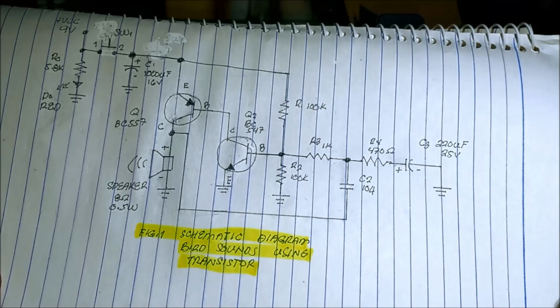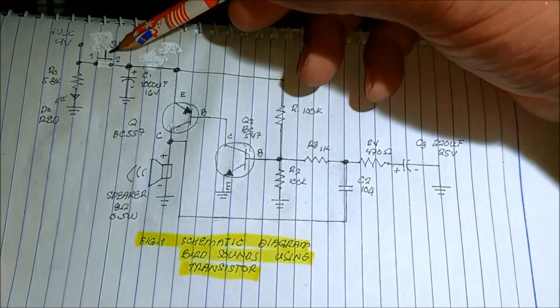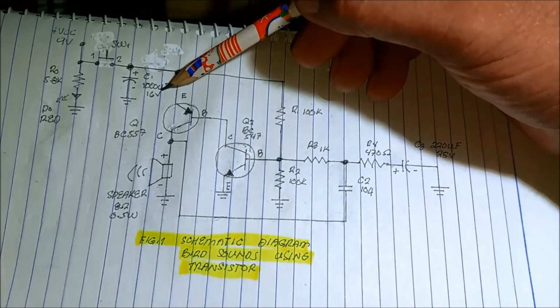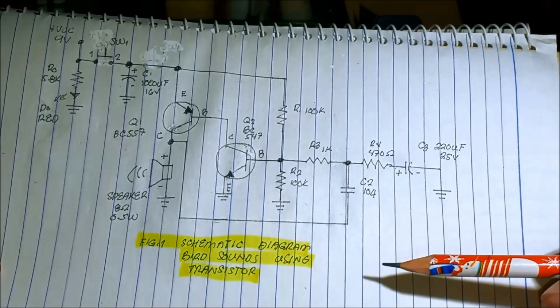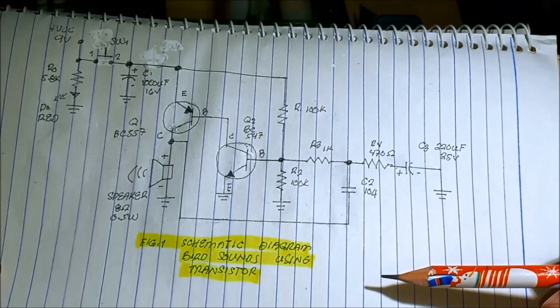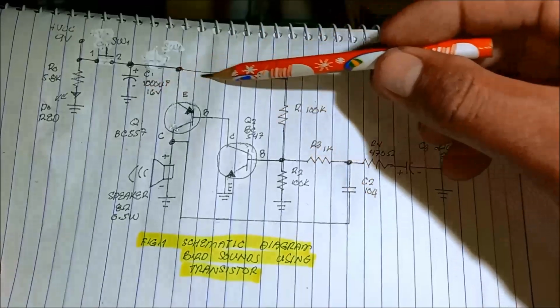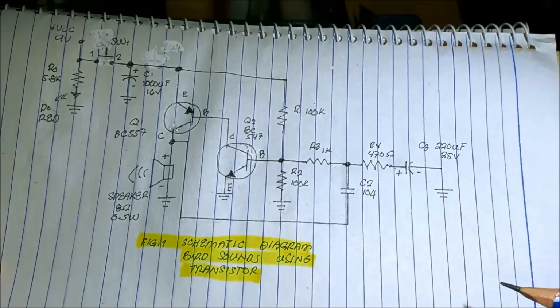Okay, continuously oscillating. Why? Because when we press the switch, current flows into the decoupling capacitor, 1000 microfarad, 16 volts. It has a higher value because it serves as a supply to the whole circuit once we release the switch.